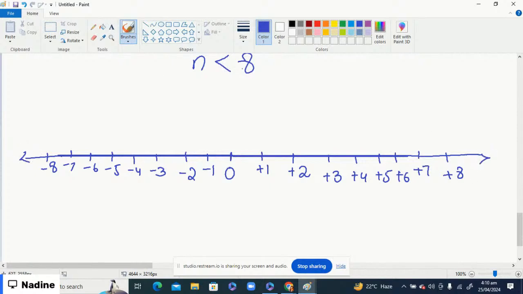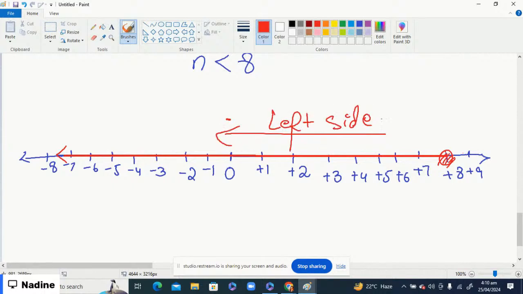So n is less than 8, it means less than 8 moves on that side. There is 8, so it's not greater, it's less. Less means move to the left side. And if they say greater, then you move to the right side. So this is the thing.